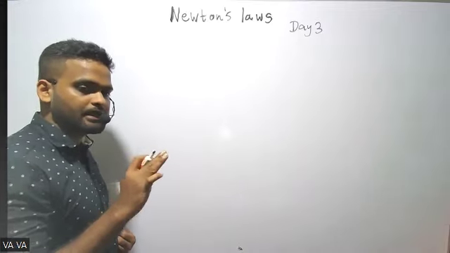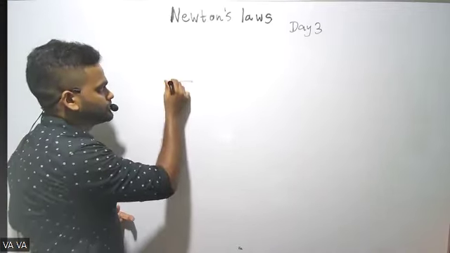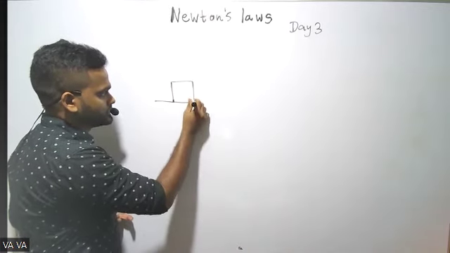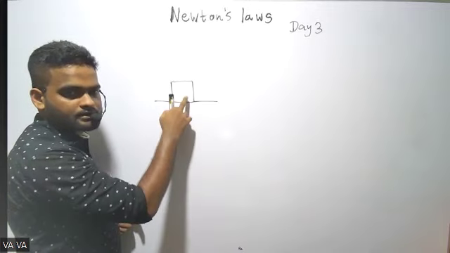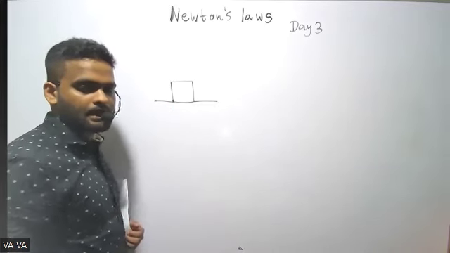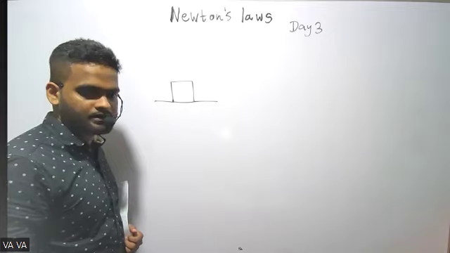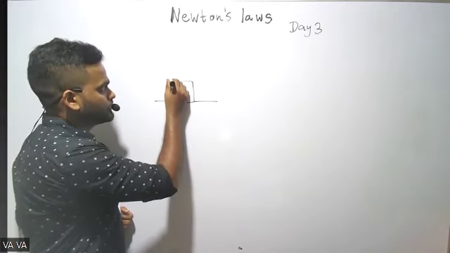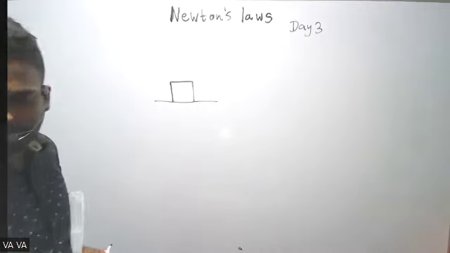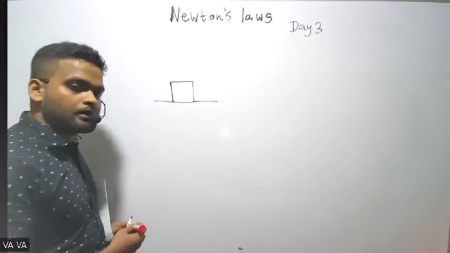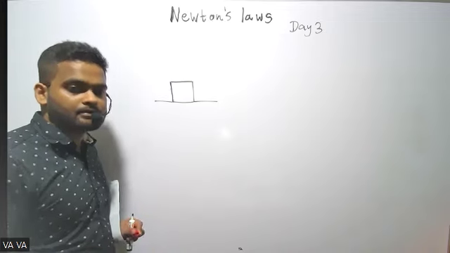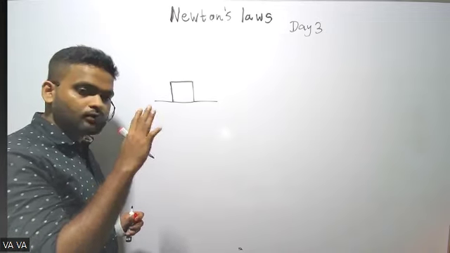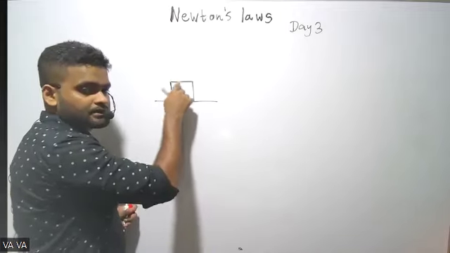I'll explain that using a simple diagram. So this is a box placed on a plane. Box placed on a plane. So they might ask to draw the free body diagram. Free body diagram means all the forces acting on the object.